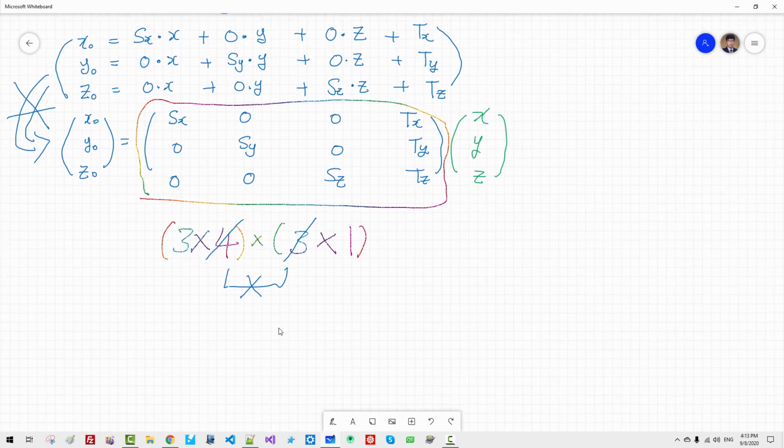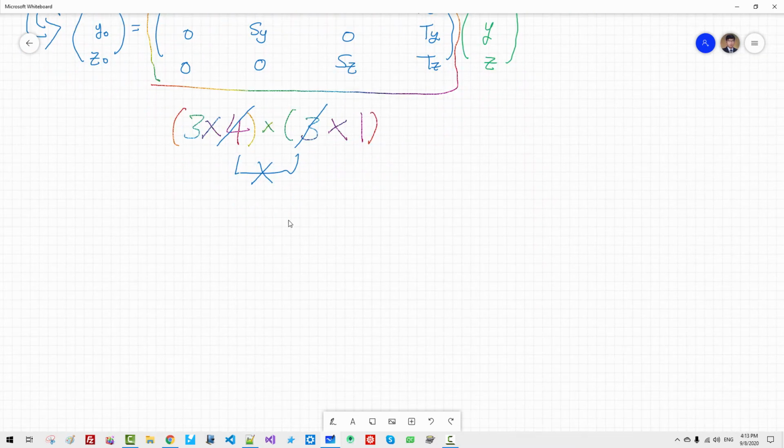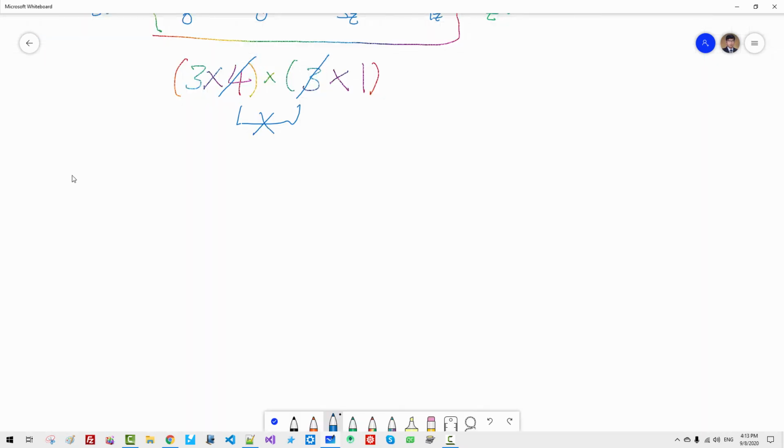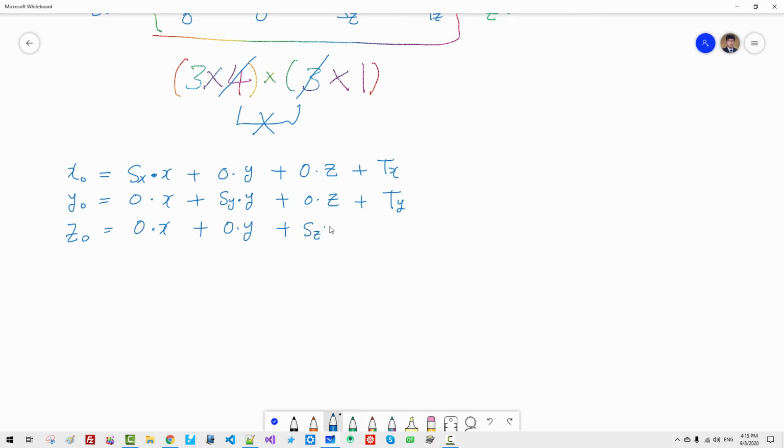To overcome this problem, we introduce w like this. xo equals sx times x plus 0 times y plus 0 times z plus tx, yo equals 0 times x plus sy times y plus 0 times z plus ty, zo equals sz times z plus tz.